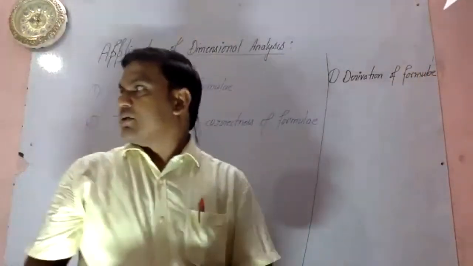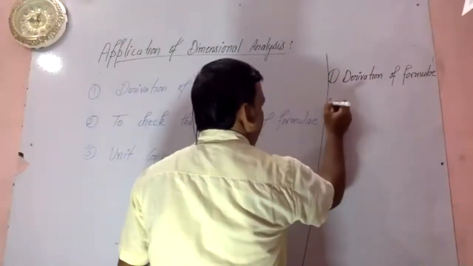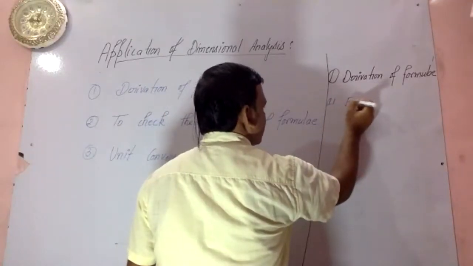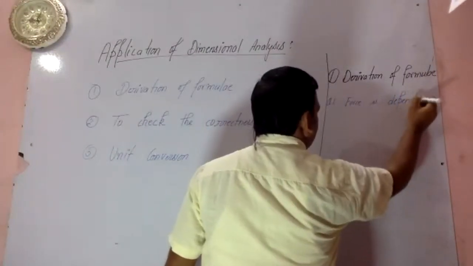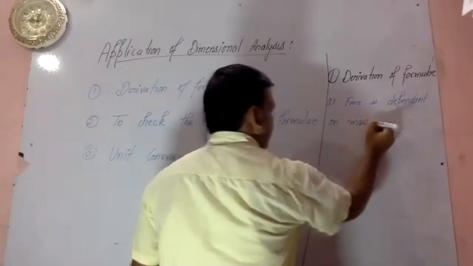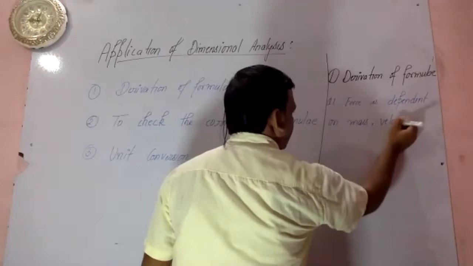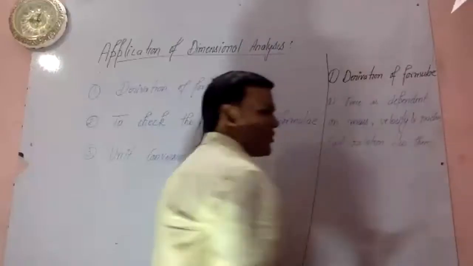Let's say the question is that force is dependent on mass, velocity, and radius. Find the relation between them.